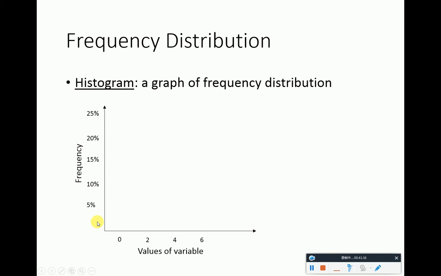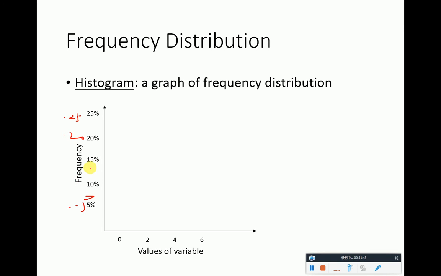The y-axis of this histogram typically plots frequencies. Here I use percentages, but you can use absolute frequency counts, or you can use relative frequencies. If you use relative frequency here, it'll be 0.25, 0.20, 0.05. Doesn't matter, percentages and relative frequency are the same thing.